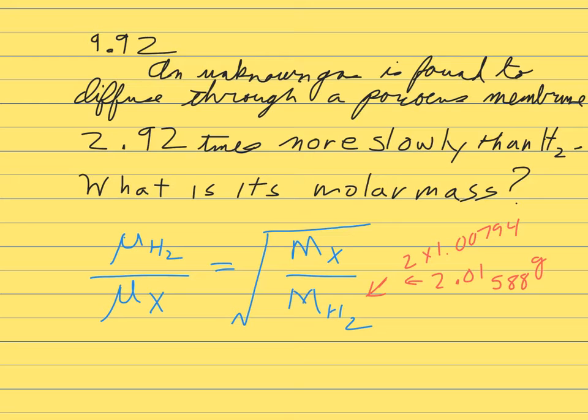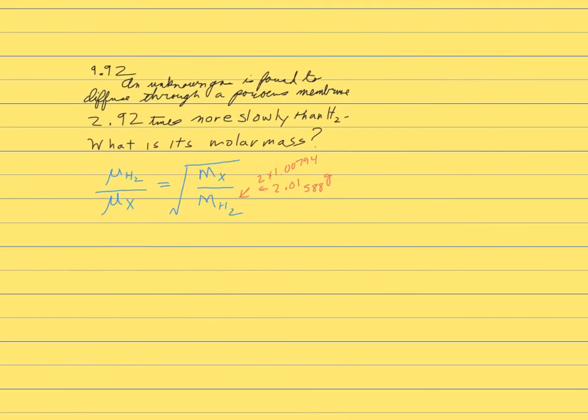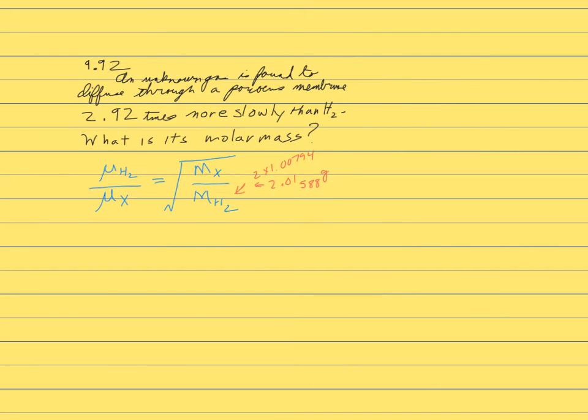Then we've got these two guys over here. We have two variables for our speed, but only one number here. Let's write out this relationship that they give us in the formula in terms of algebra. 2.92 times more slowly than hydrogen.